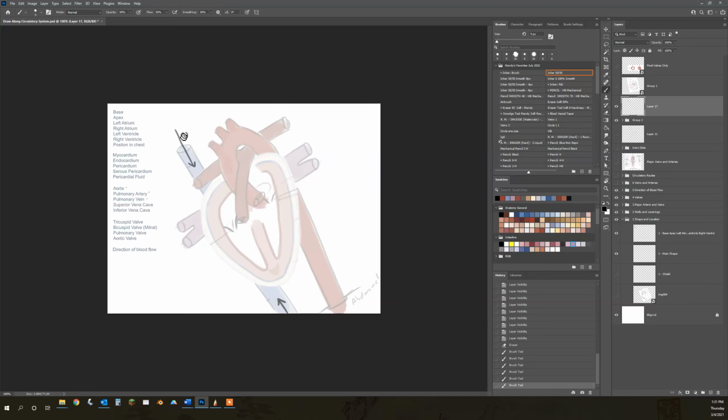From there, it's going to come down and it's going to come into the right atrium. That's 2, where it comes into the right atrium.